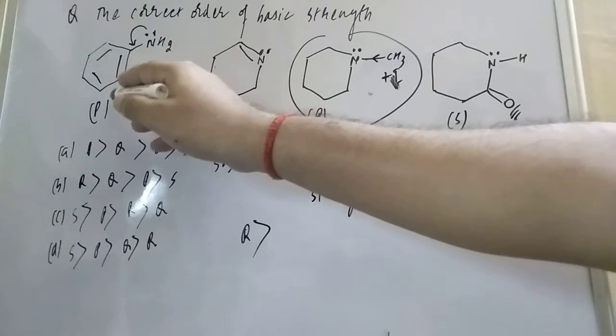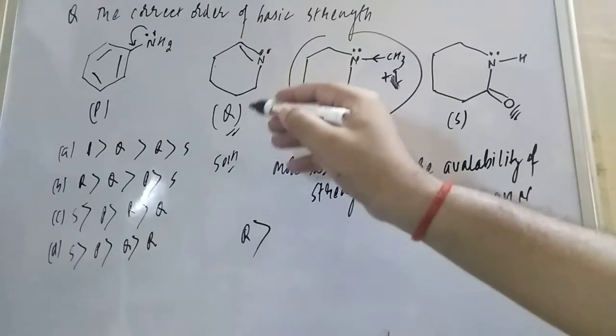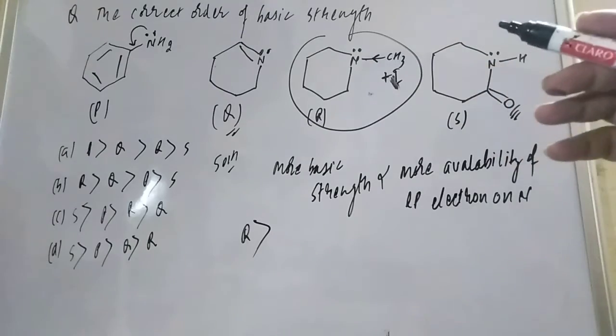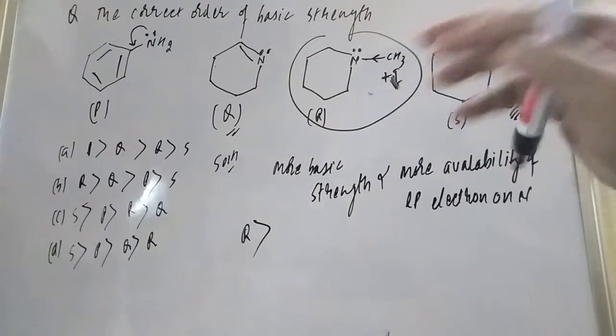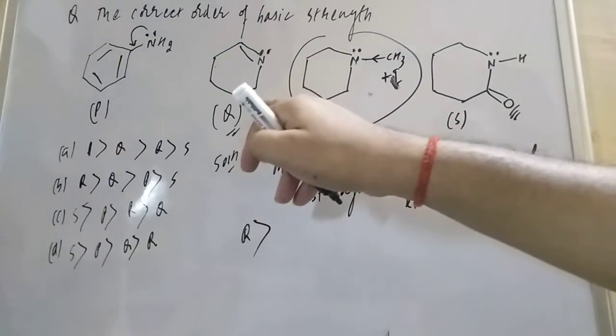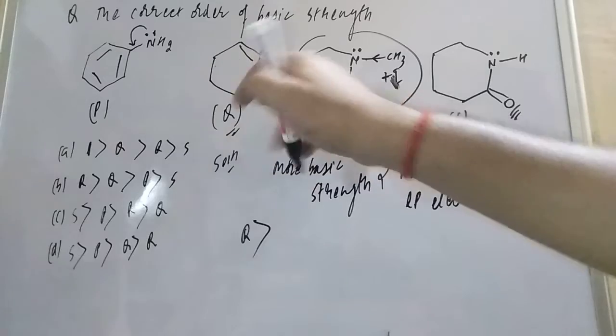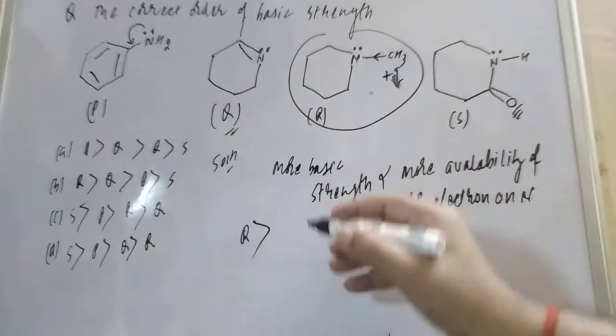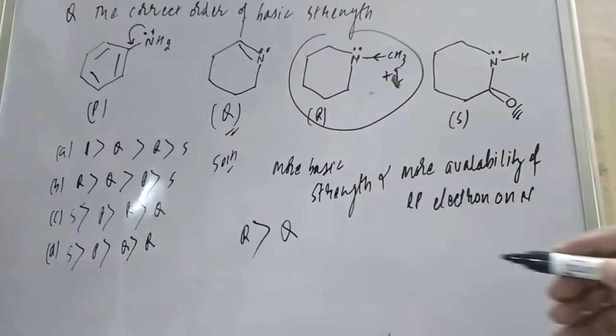Due to resonance, it is also less basic. So q is there because here is a single bond, only one double bond is there. Here there is no resonance, and on one side there is a double-single bond. So after r, q will come.